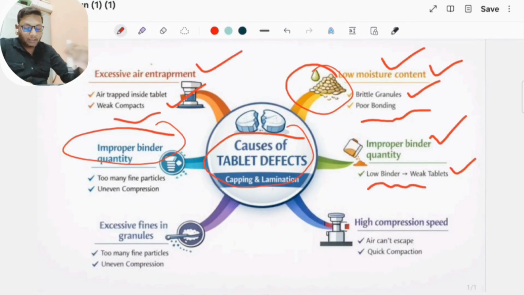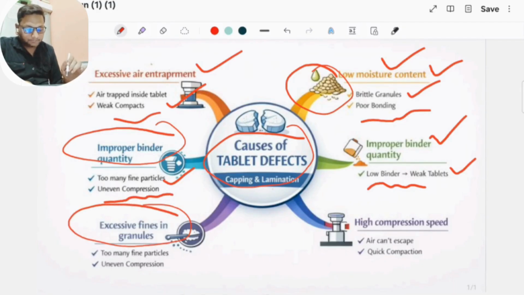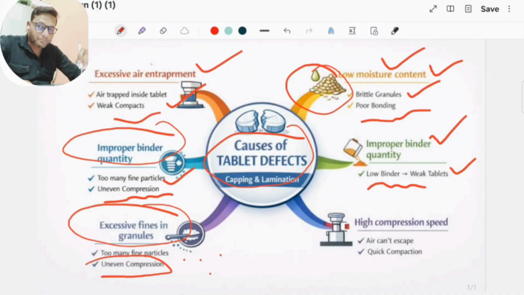Then if we are using too many fine particles in the granules, that also leads to uneven compression that may result in capping problem. Then excessive fines in the granules. If the granules which are used contain very fine powder particles, that also leads to uneven compression, then again that will lead to capping problem.